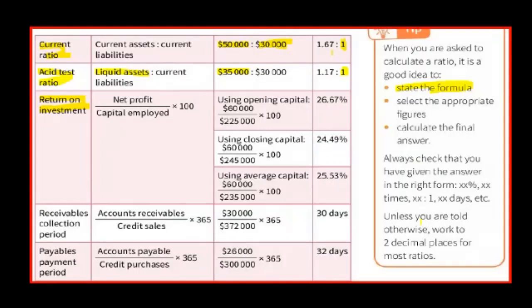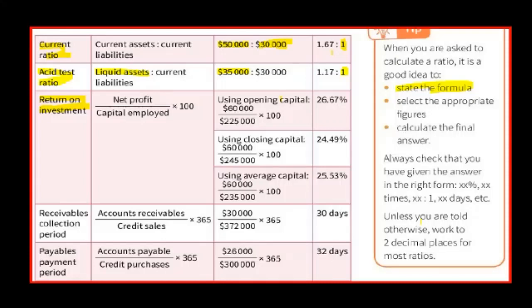That's why we got 60,000 over 225. We could use that, but you should state which one you're using. If they don't give you all three, like they didn't give you the average capital, you shouldn't use that in an exam. If they give you both of these, choose one of them.